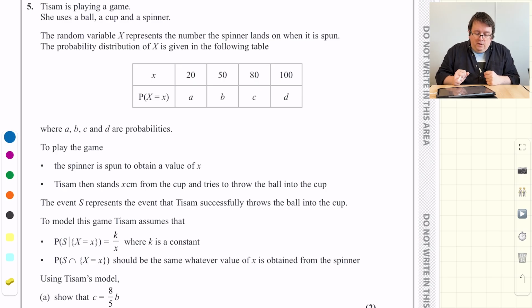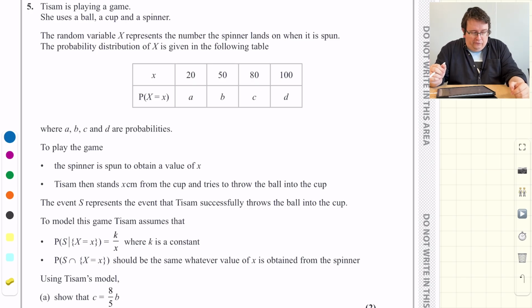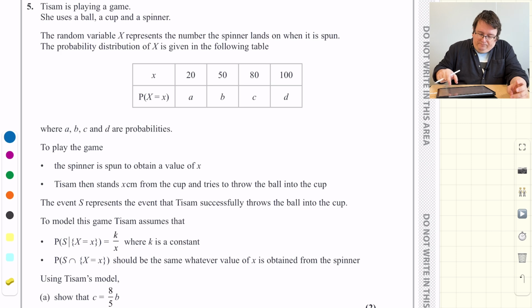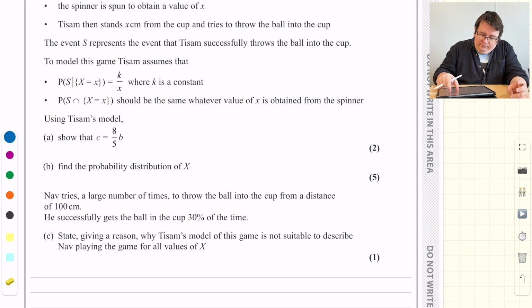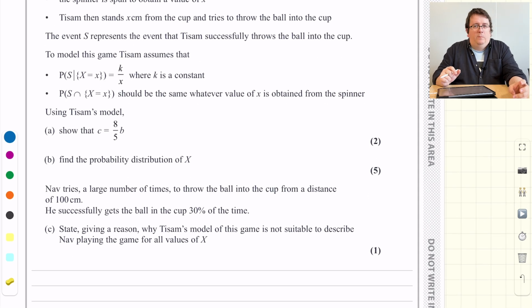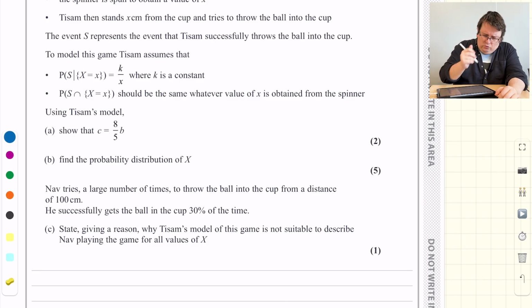Using Tissam's model, part A, show that C is equal to 8/5 of B. This is quite complicated, isn't it? The notation is quite gnarly.